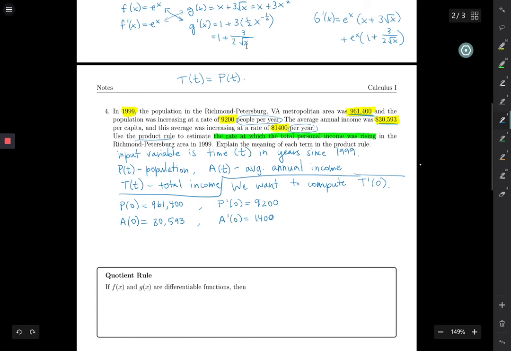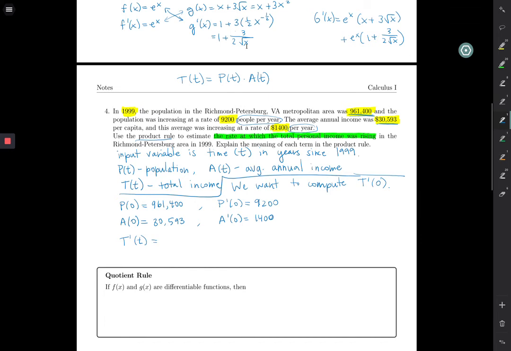So we get that the total income is equal to population at the time t times the average annual income at the time t. Okay, and since this is the case, we have two functions being multiplied together. We can use the product rule to find its derivative.